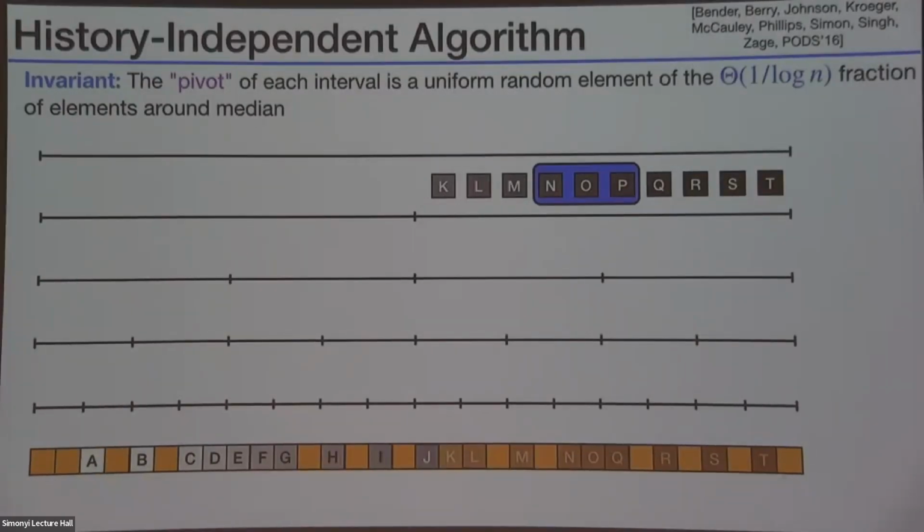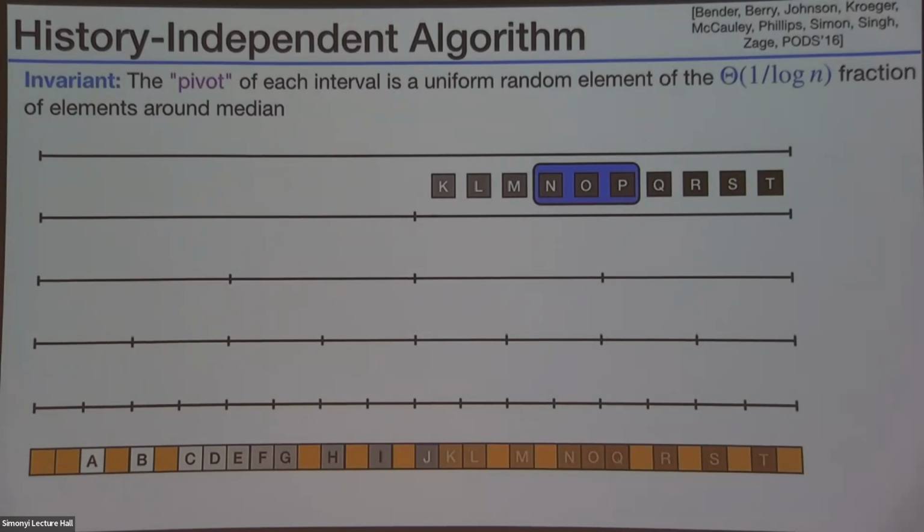If you think about it for a bit, you can figure out why this is actually history independent. What you should be imagining is, I give you the number of elements in the array. Let's say there are 20 elements in the array, and you should be able to immediately tell me the distribution over where these elements are located in the array.